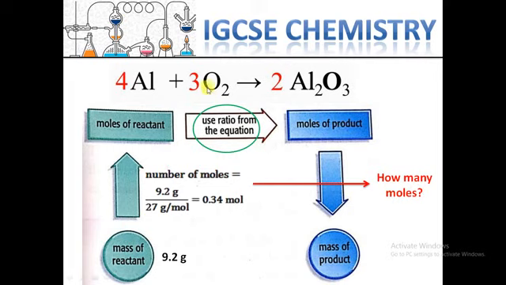Now we want to reach how many moles for products. Take a note that for this equation we are not concerned with oxygen. Oxygen is not involved in this question. We are just focusing on aluminum, which can produce aluminum oxide, and we are looking for the mass of aluminum oxide if we have 9.2 gram aluminum.